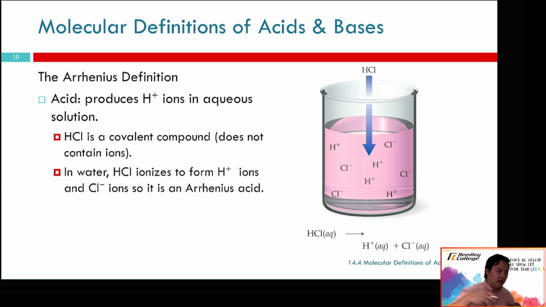We talked about net ionic equations and electrolytes. Hydrochloric acid is one of those. You get positive hydrogen ions floating around, or sour protons, and then we get chloride ions. So hydrochloric acid is an Arrhenius acid.